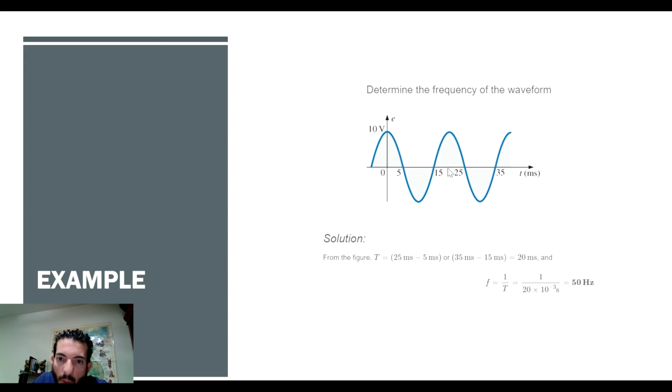Remember, because if this is 20 and it's the same frequency, it's not a modulated frequency, and this is 40 milliseconds, then we have one cycle, 2 cycles. So it's going to be 2 cycles divided by 40 milliseconds, which is the same as 1 divided by 20, or 50 Hertz. Okay.